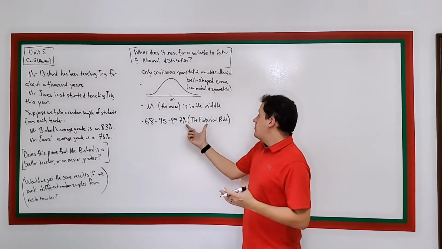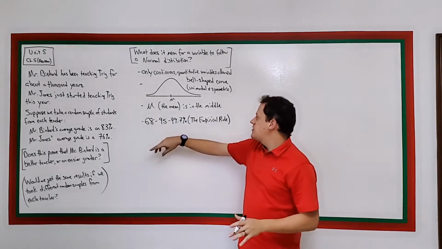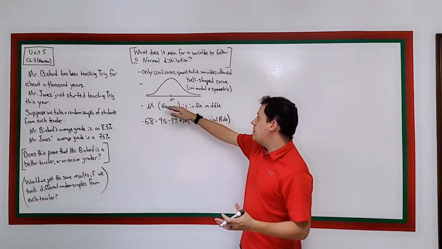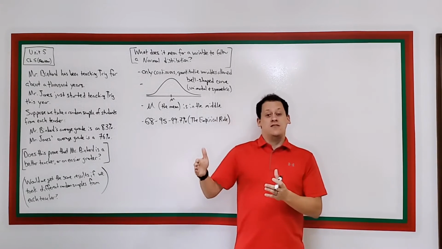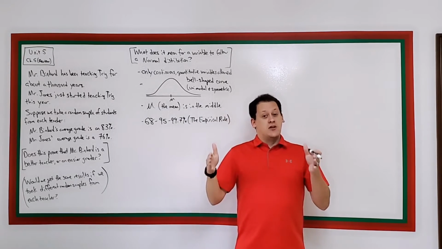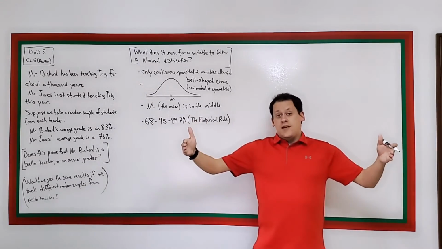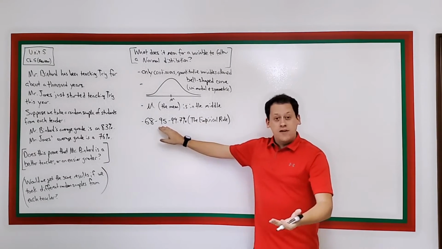But remember, the empirical rule said approximately 68% of all data values from a population that is normal in shape fall within one standard deviation of the mean, anywhere from a standard deviation below to a standard deviation above the mean. If you go out 2 standard deviations on each side, you're getting approximately 95% of all population values.